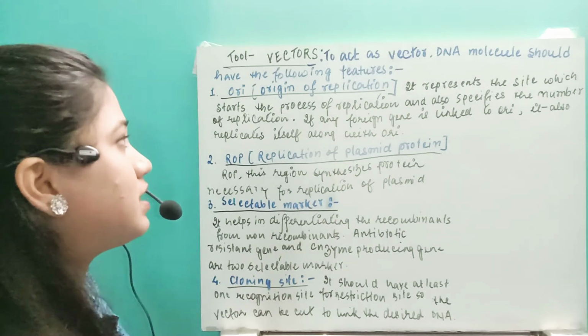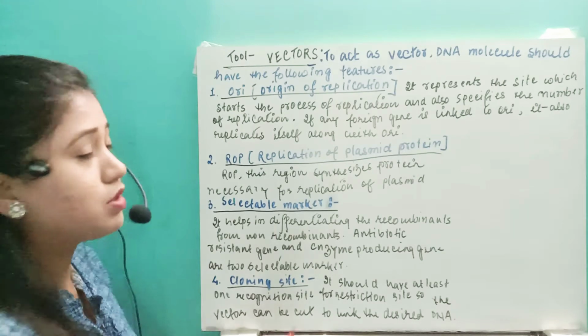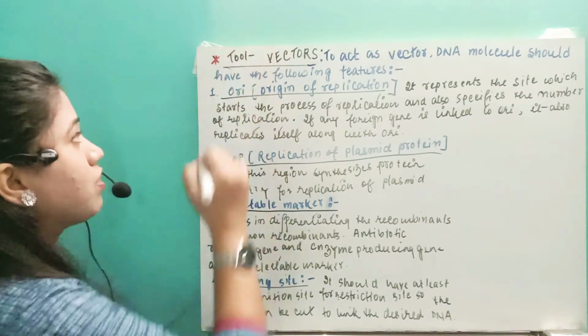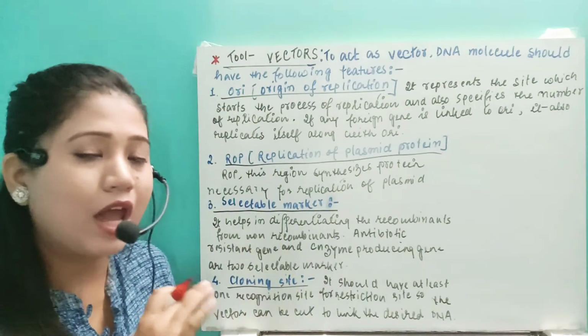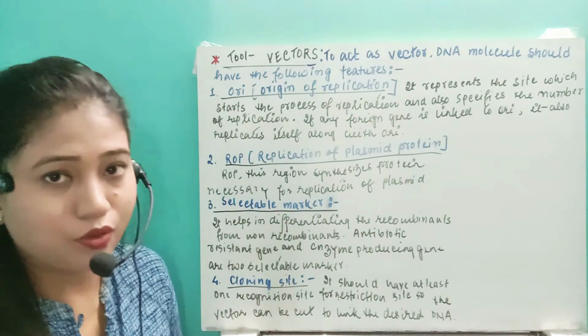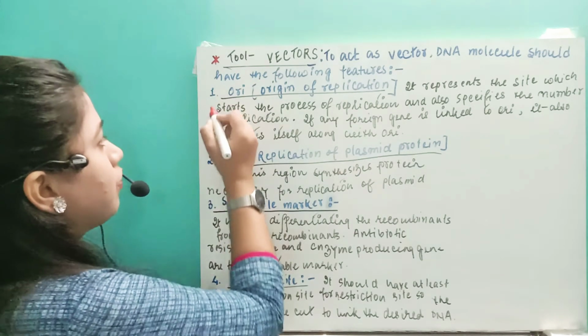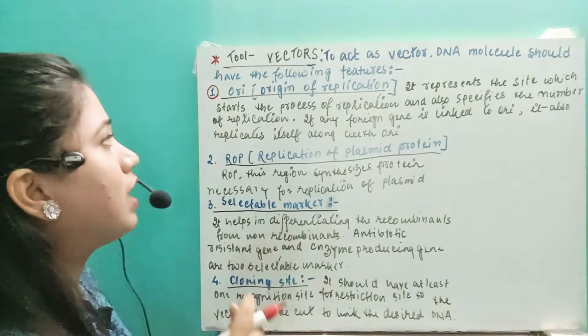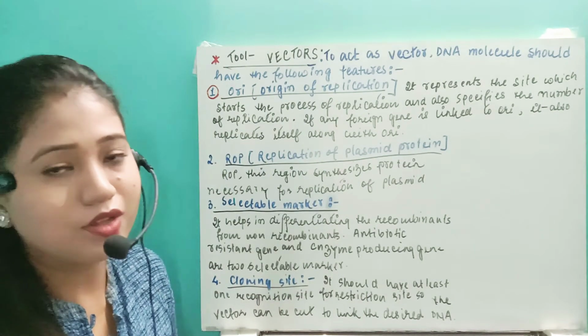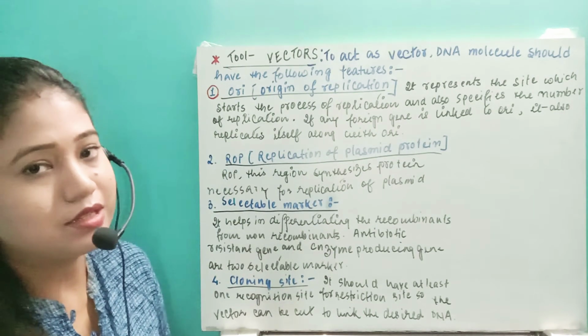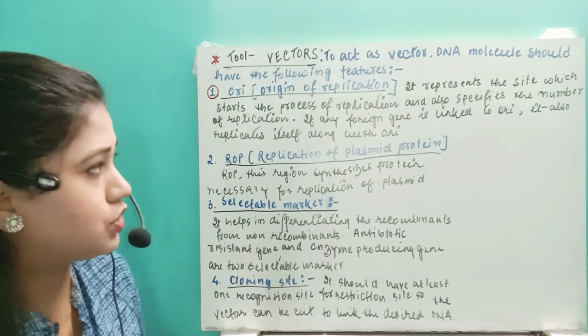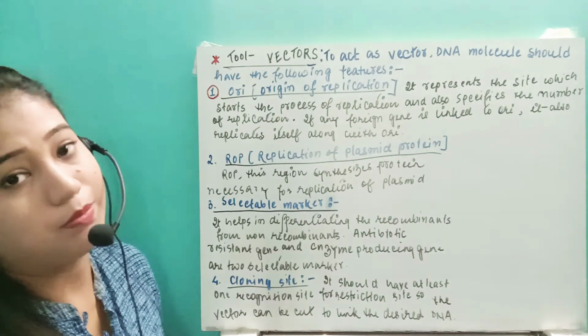This is a very important question, and these questions are asked almost in every exam. So the first characteristic that should be present in a vector is the ORI. ORI means origin of replication. So what is that origin of replication?